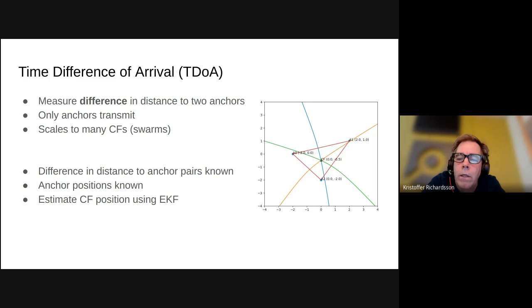When the Crazyflie is in the center of the system, this is pretty fine. But if we start to get close to the edges or even outside of this space, the geometry becomes less favorable, and errors in measurements are going to have a big effect on the estimated position. So TDOA is less robust, but it works very well in the flying space that is spanned by the anchors.